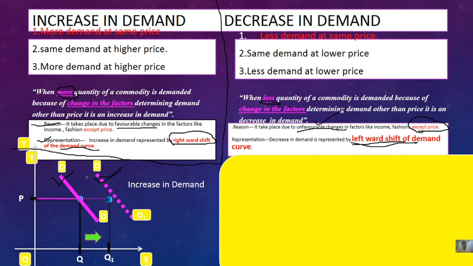So the dotted line shows the rightward shift of the original demand curve, that is, increase in demand.